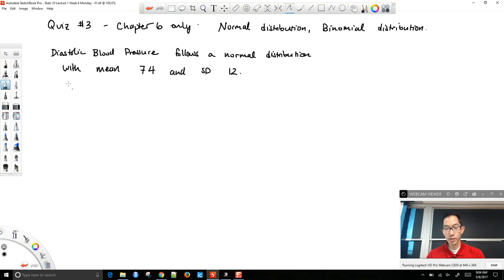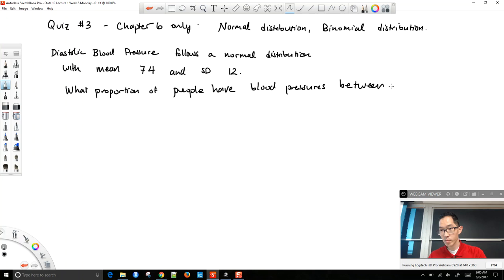And so I can ask, what proportion of people have blood pressures between, I don't know, I'm just making something up here, we'll say between 70 and 90.